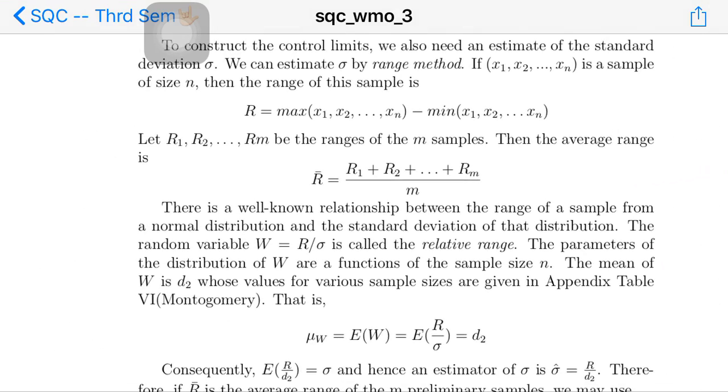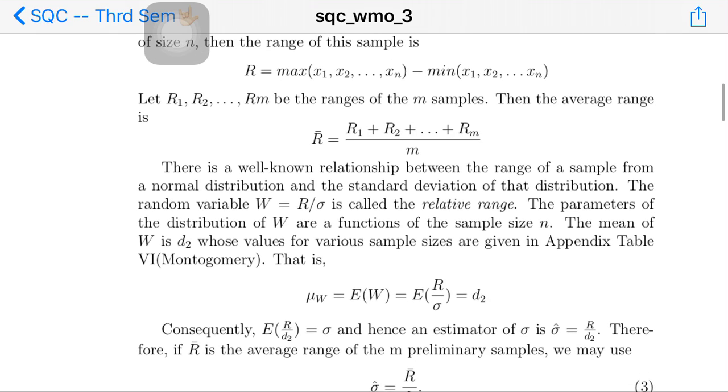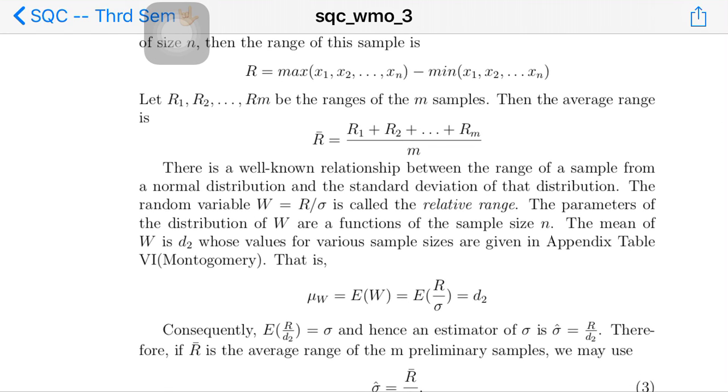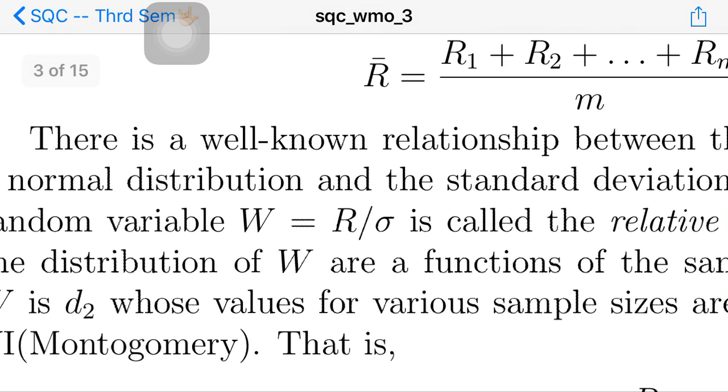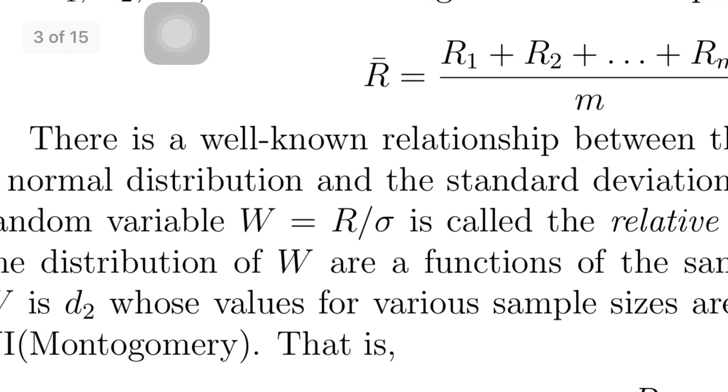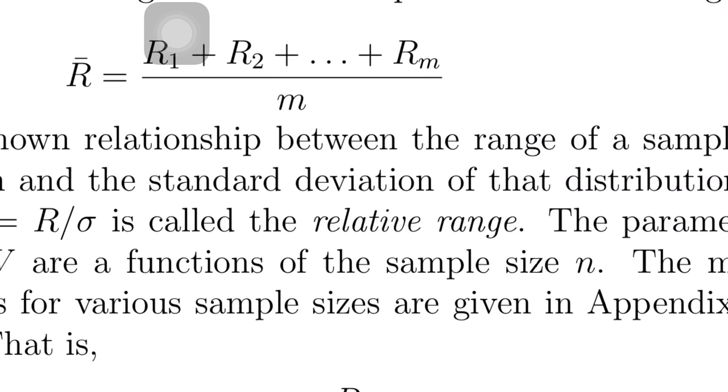Now come to the theory of sampling associated with the relative range, that is the statistic W equal to R divided by sigma, the ratio of the range to the standard deviation, and we call this random variable the relative range.